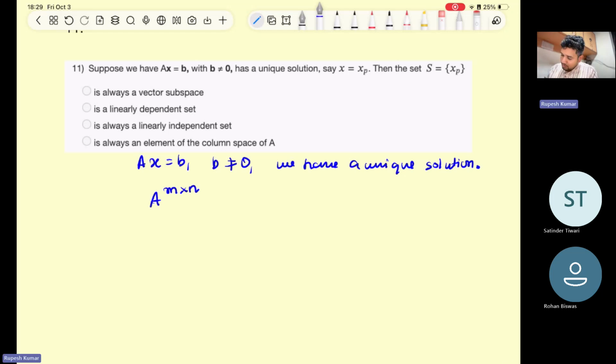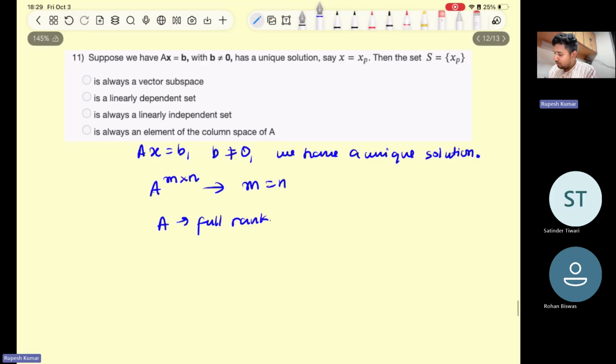This usually means that the number of equations and the number of variables are the same. That means m equals to n, and A is a full rank matrix. A has to be a full rank matrix, right?